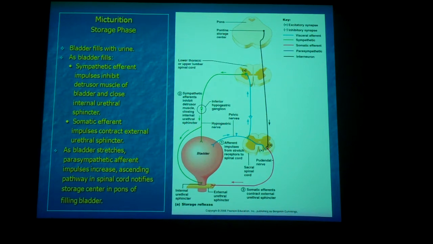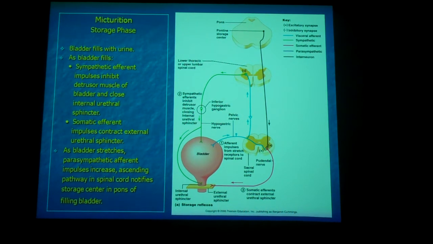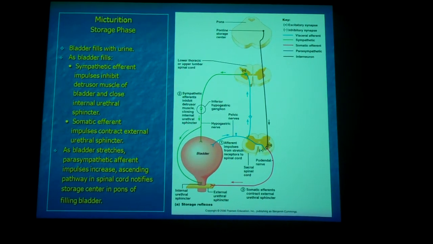When that muscle contraction starts, the internal urethral sphincter relaxes, but no urine comes out yet. Why? Because you've got another sphincter, the external sphincter, which is cortically controlled. It's voluntary. Spinal nerve, skeletal muscle.